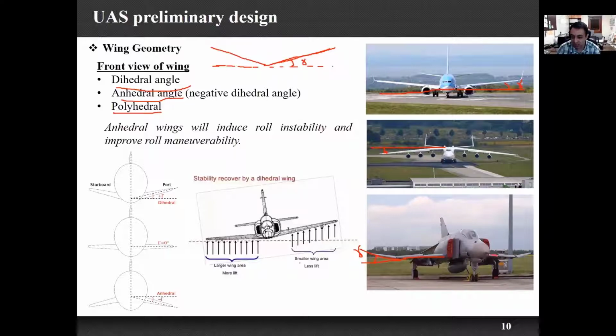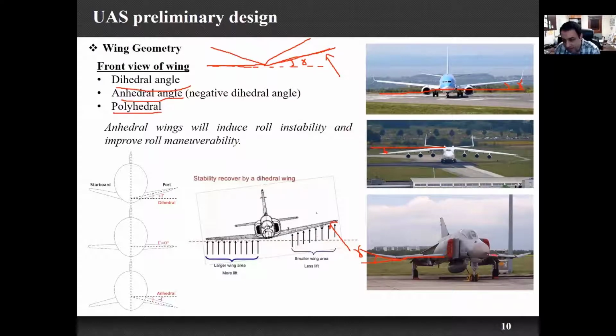Now imagine that you have a wind disturbance here that makes your airplane unstable. This is a front view. If I have a wind going in this direction, the wing can eventually become, let's say, like this. So the wing is tilted.